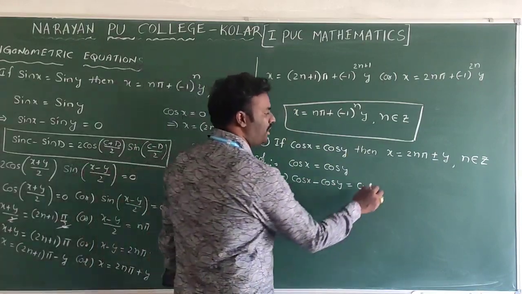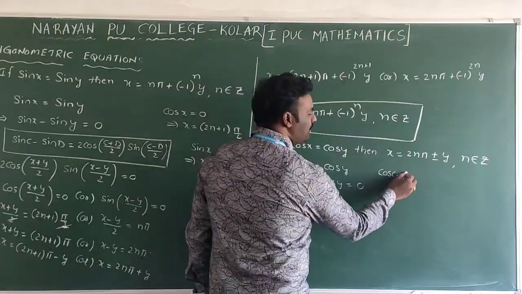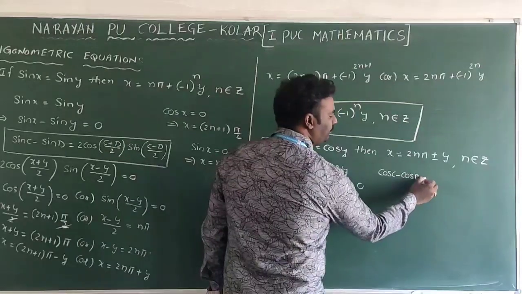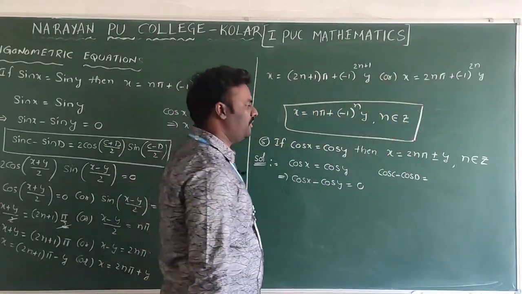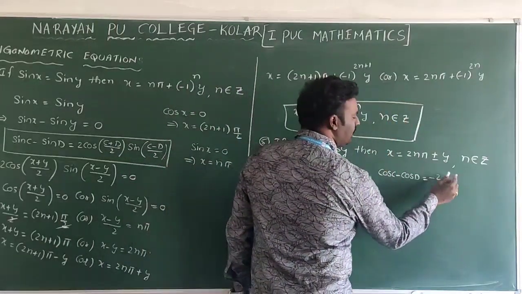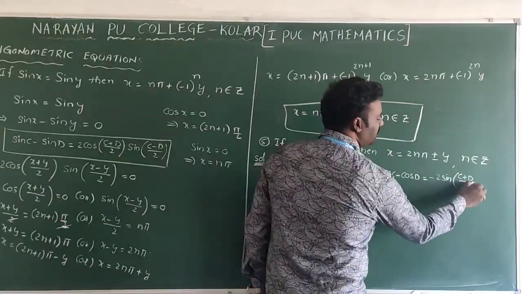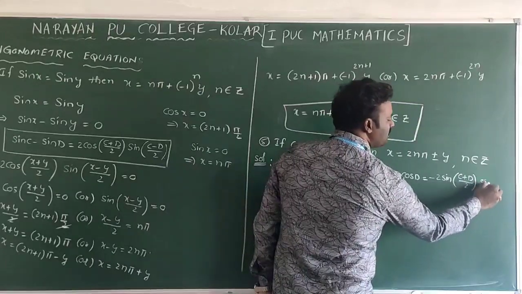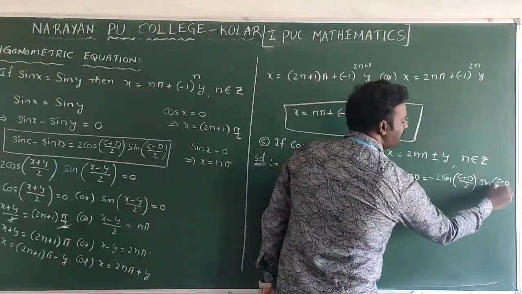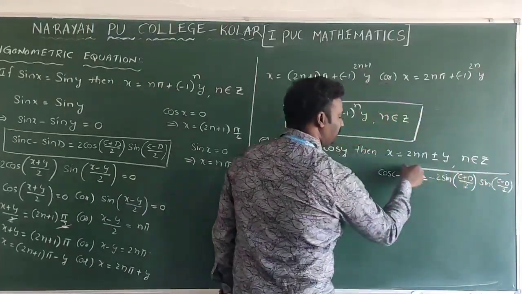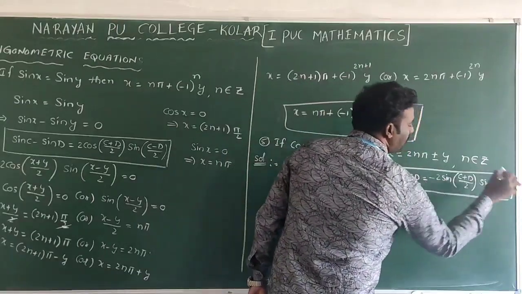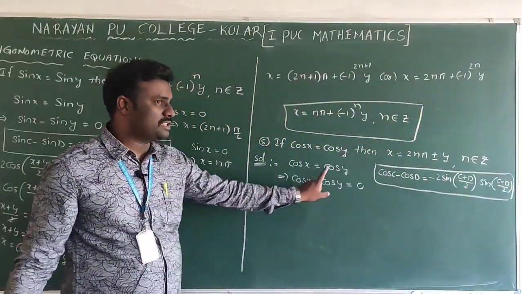It is in the form of cos c minus cos d. What is the formula for cos c minus cos d? Minus 2 sin((c+d)/2) sin((c−d)/2). In place of c we have x, in place of d we have y.